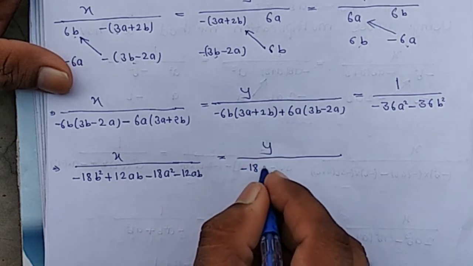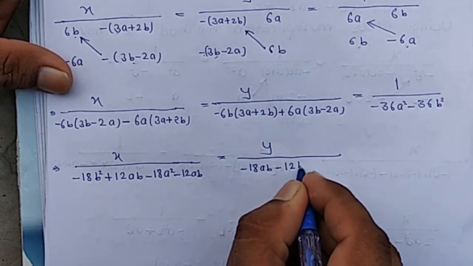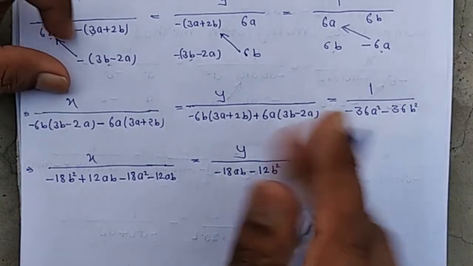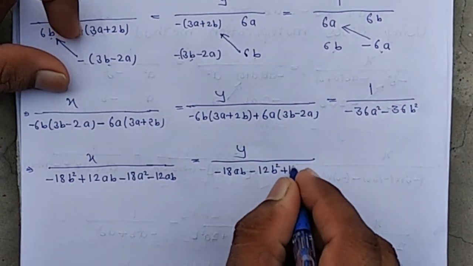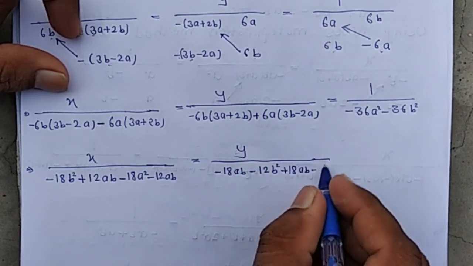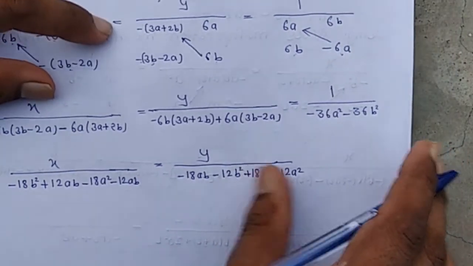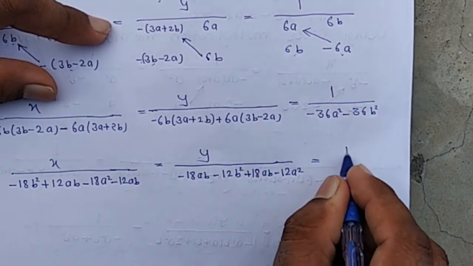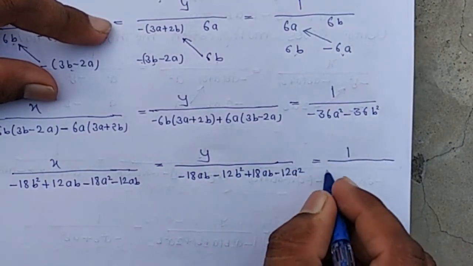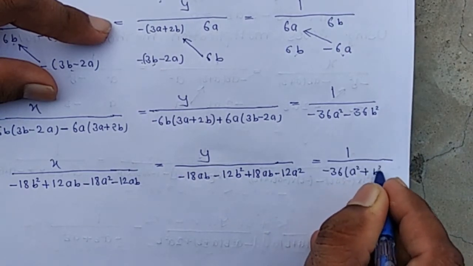Then y: 18ab minus 12b square, 18ab minus 12a square. And minus 36 common, then a square plus b square.